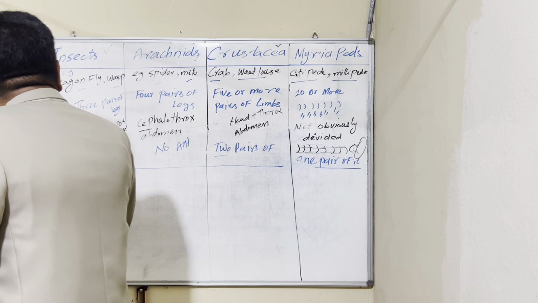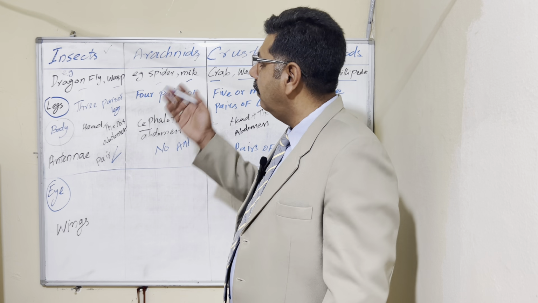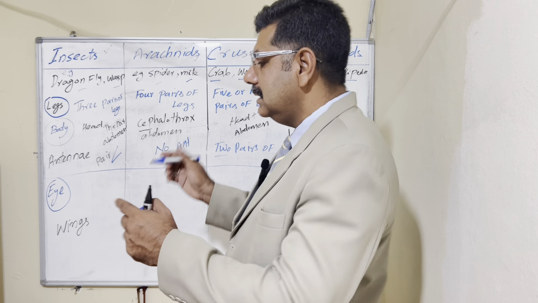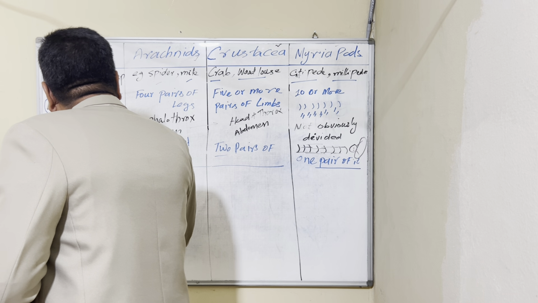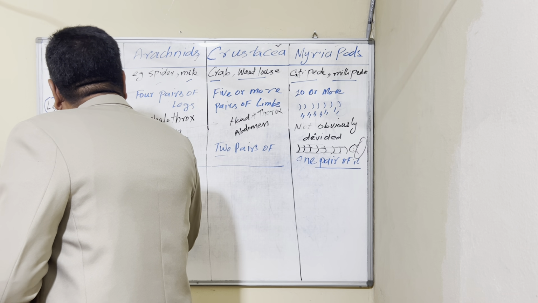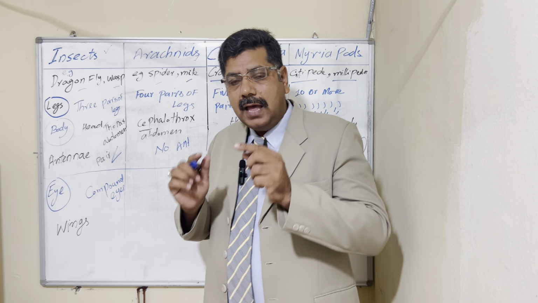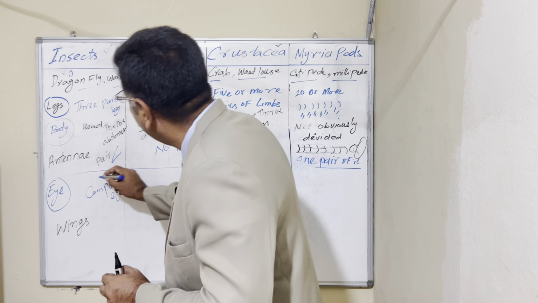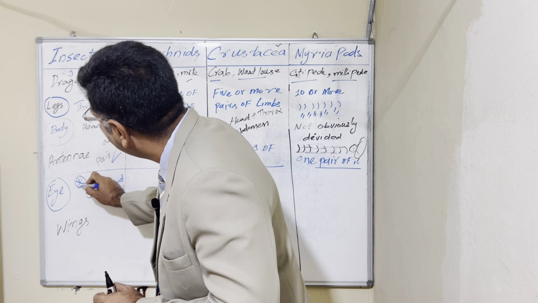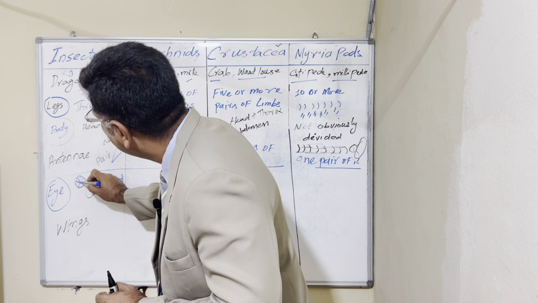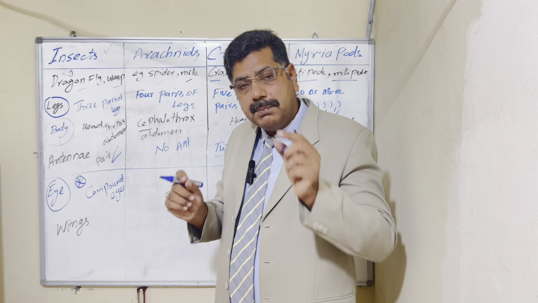As for the eyes, insects have compound eyes. Compound eyes mean the eyes are segmented like this. Many segments are there inside the eyes, there are parts.